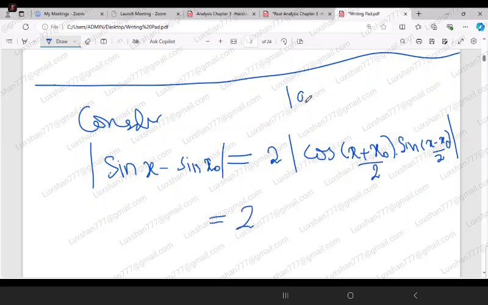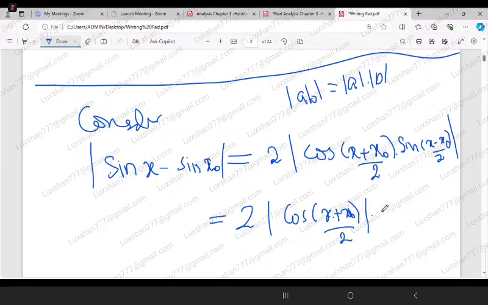We know that the mod of a times b is equal to the mod of a times the mod of b. Using that idea, you can write this as 2 times the mod of cos of (x plus x naught) by 2 into the mod of sin of (x minus x naught) by 2.